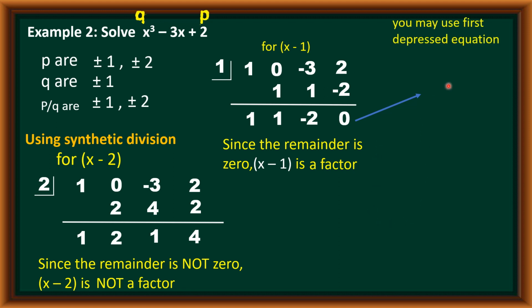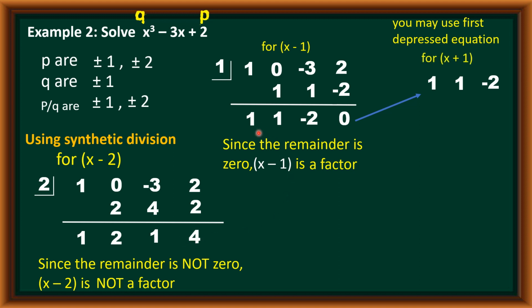So, you may use the first depressed equation para sa synthetic division natin. So, ayan na yun. 1, 1, negative 2. Hindi na natin isasama yung 0. So, ibig sabihin, mas liliit siya, di ba? Mas kukonti yung ating isosolve. Ang tawag dyan ulit, first depressed equation. Ginagamit lang natin yan kung ang remainder natin ay nag-0. So, dito, hindi natin pwedeng gamitin tong 1, 2, 1, 4 kasi hindi naman 0 ang remainder.